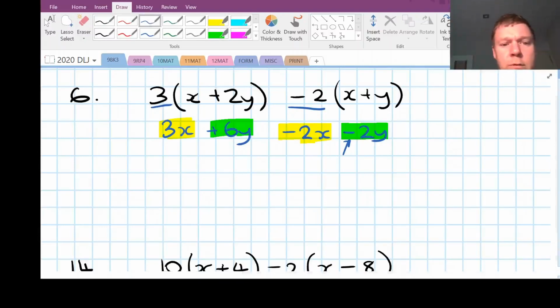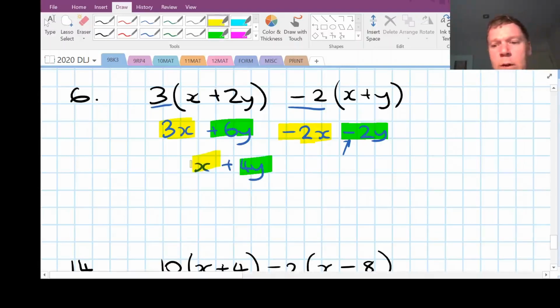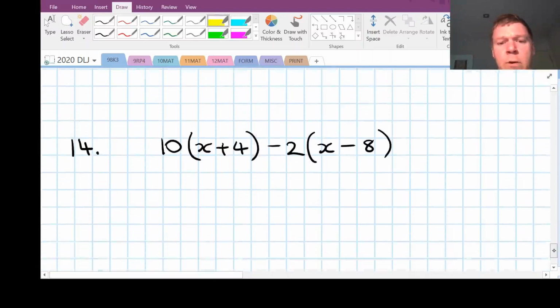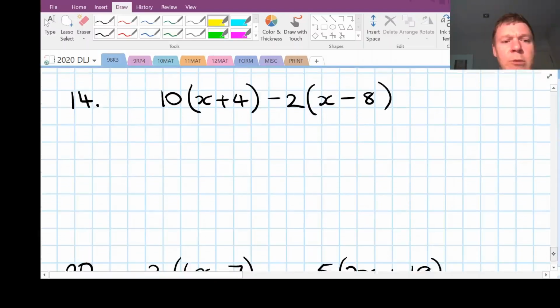So 3x minus 2x just leaves us with 1x, or x, and then 6y minus 2y is 4y. So we got all that. Alright, let's move on to a slightly harder one. So question 14 from that exercise.